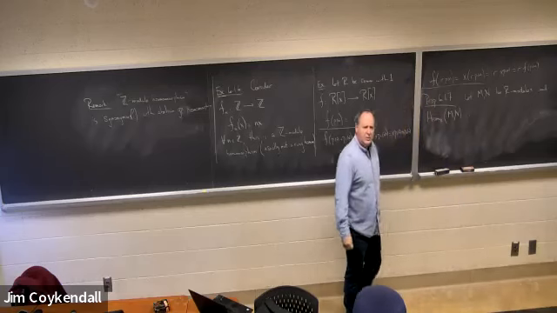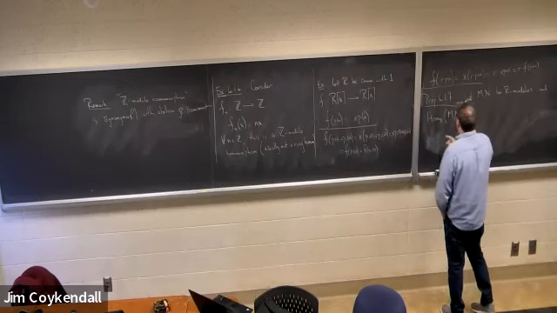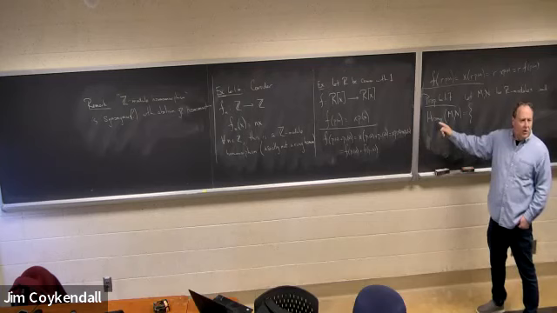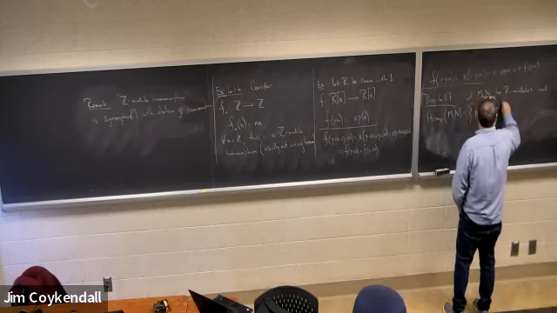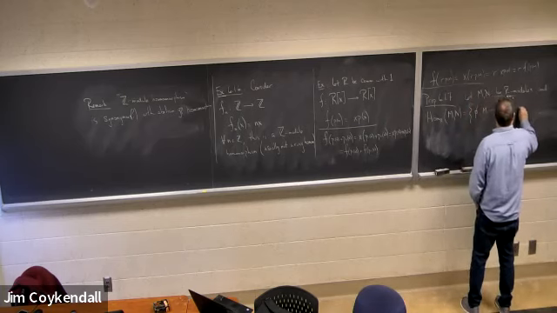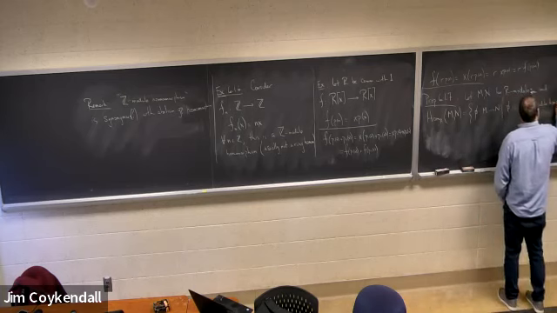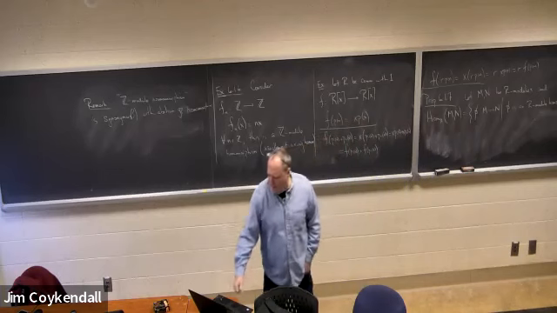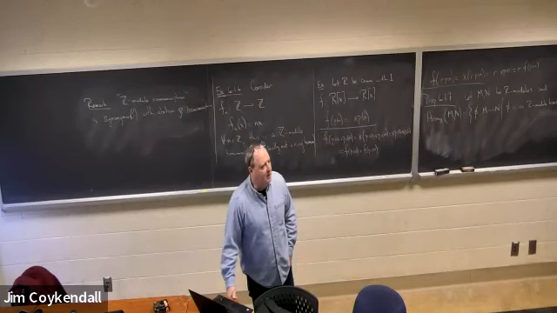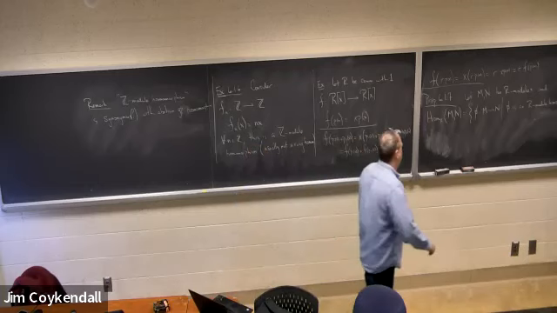How many of you have ever seen this notation? Okay. If you have, let me tell you what it means. Hom means homomorphism. The sub R means R module homomorphism. So this is the collection of functions phi from M to N such that phi is an R module homomorphism. So I'm making another structure out of all R module homomorphisms from M to N. This is an abelian group.